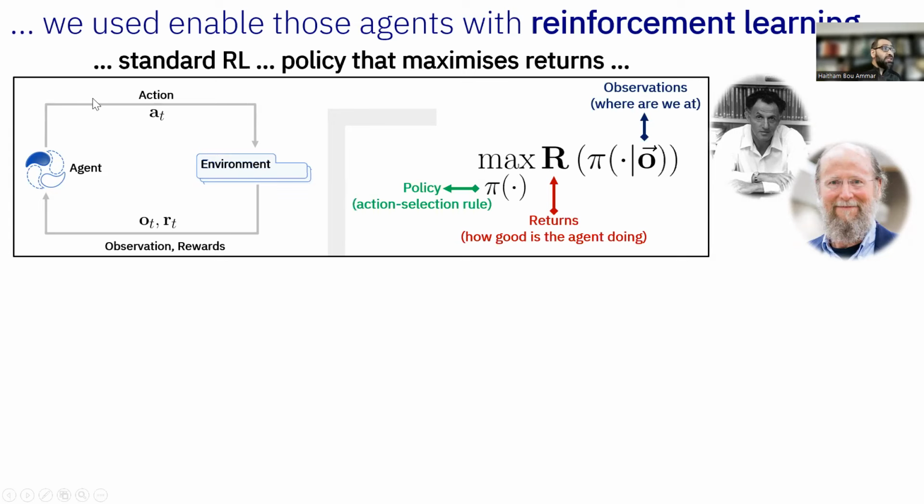The agent could execute an action in the environment, which we call action A with the subscript T, to signify that it's an action A executed at time step T, because the agent is working in time steps in that environment. After applying that action, the environment responds with an observation and a reward.